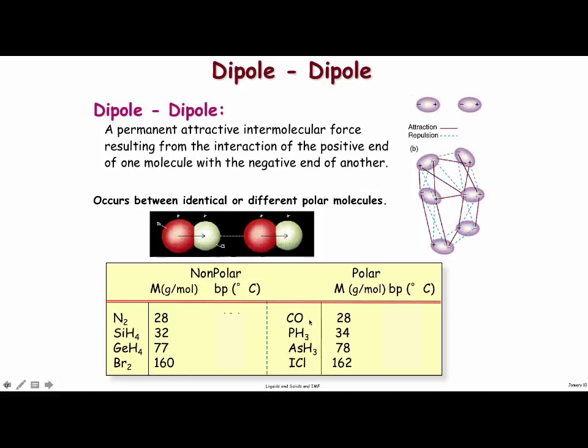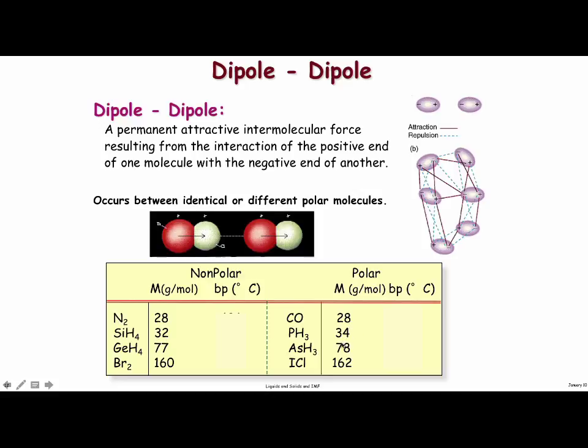These molecules over here are all polar. The molecular weight of carbon monoxide is 28, PH3 is 34, AsH3 is 78, and ICl is 162. The message here is that these chemicals are all very comparable in size, except that these chemicals to the left are nonpolar.